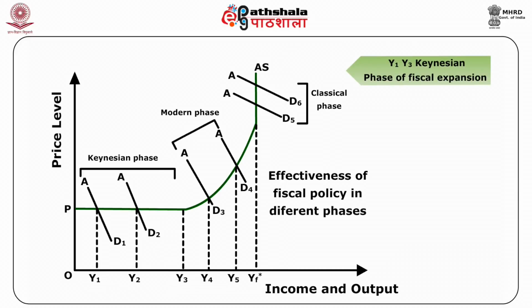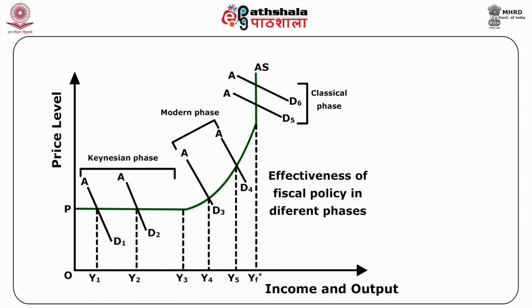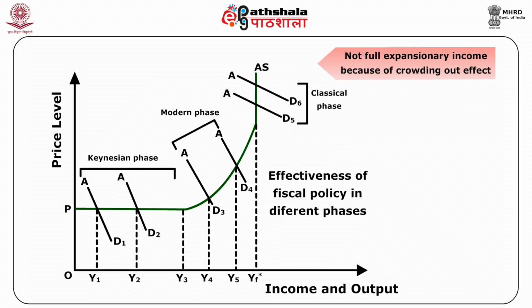Y1 to Y3 is the Keynesian phase of fiscal expansion. Similarly, Y3 to Y*F is the modern phase of fiscal expansion, in which AS is an upward sloping curve. Here, income increases only from Y4 to Y5 due to the increase in government expenditure, and it is not full expansionary income because of the crowding out effect.